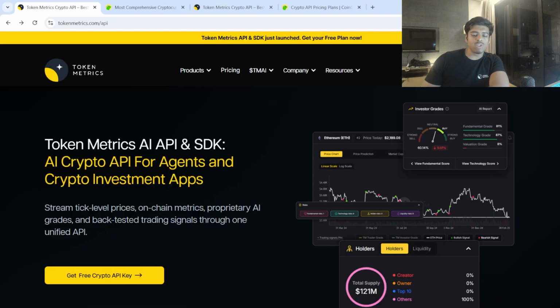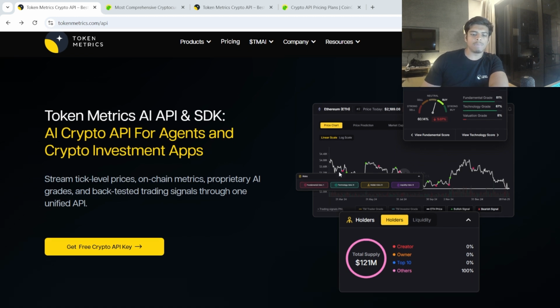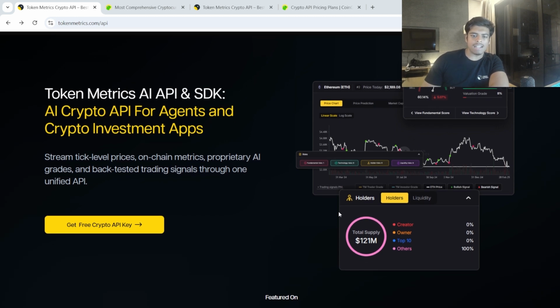Now, moving over to the Token Metrics API on the other hand, even though it offers all the market data that CoinGecko offers, it doesn't cover as many cryptocurrencies as the 13,000. However, the Token Metrics API focuses on advanced analytics and AI-driven insights.